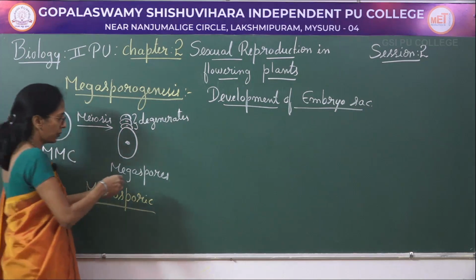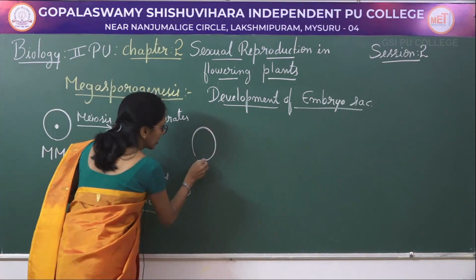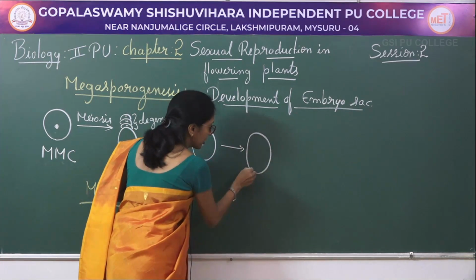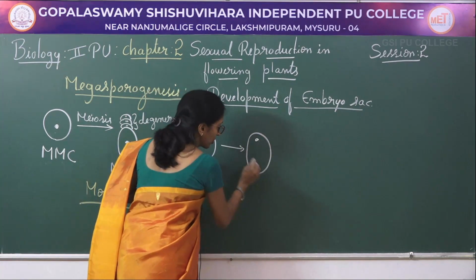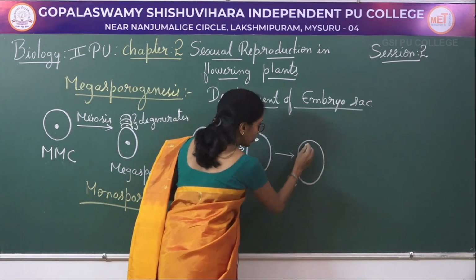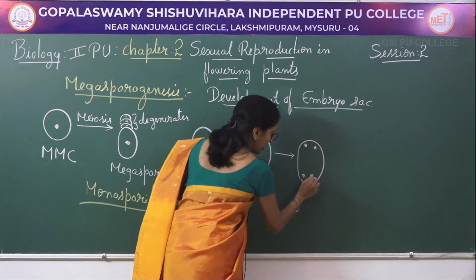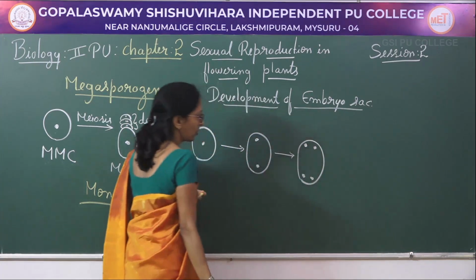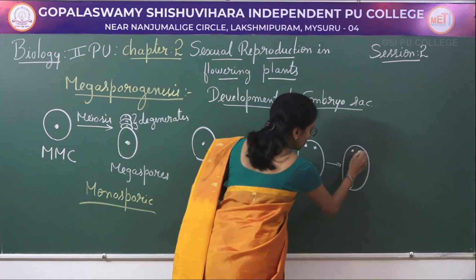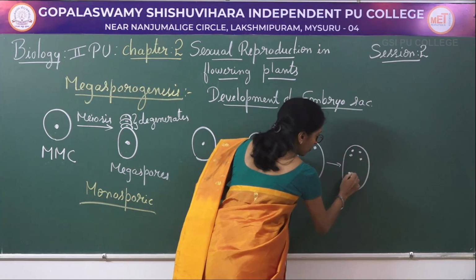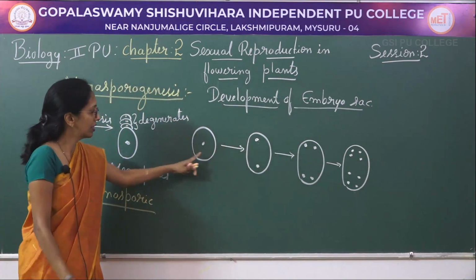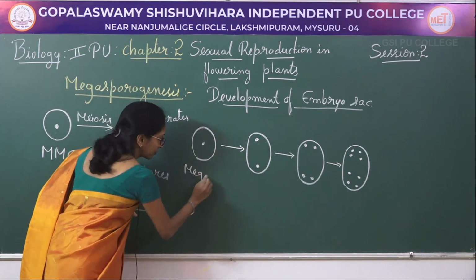Now this megaspore undergoes mitotic division. There will be a formation of 2 nuclei. Again there will be one more mitotic division that results in the formation of 4. Again there will be a formation of upper 4 and basal 4 like this. I repeat, this is the megaspore.